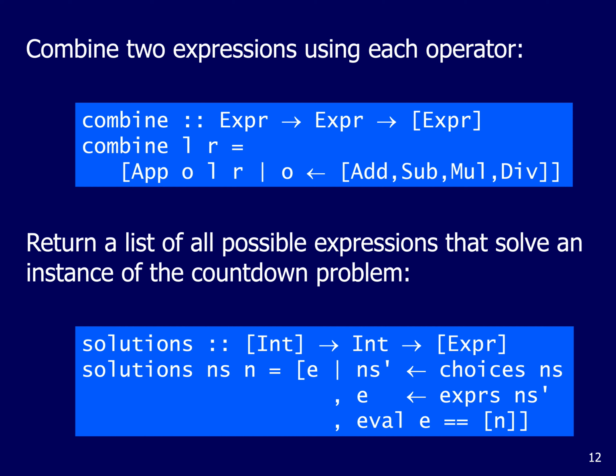So how does it actually do it? Well, we have 2 generators and 1 guard. The first generator says we're going to compute all possible choices from the source numbers ns. That's all possible ways of selecting 0 or more values from the source numbers ns. And we're going to consider each of those choices one by one, and we're going to call those ns prime.